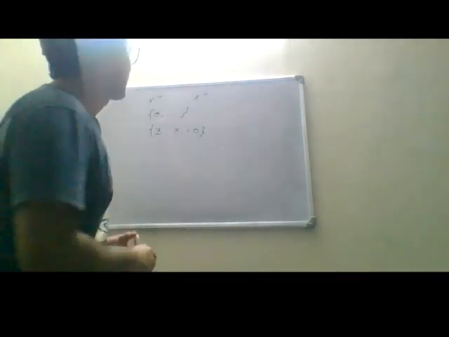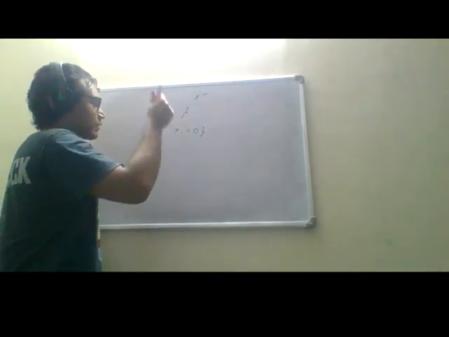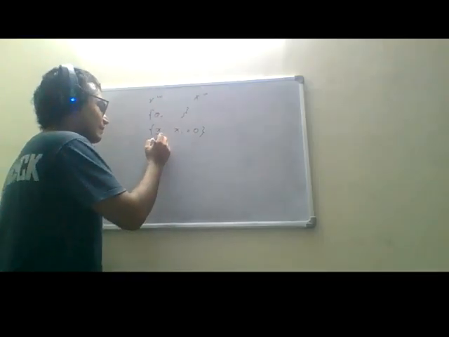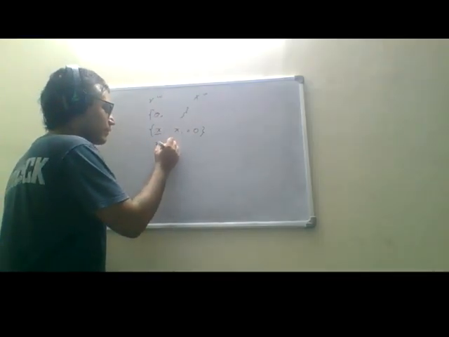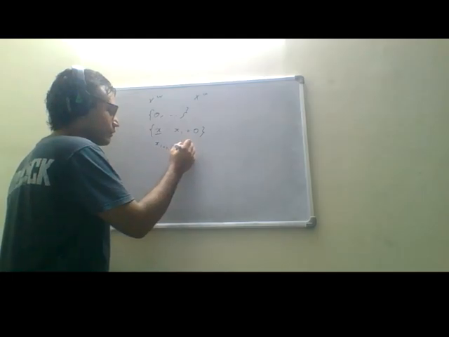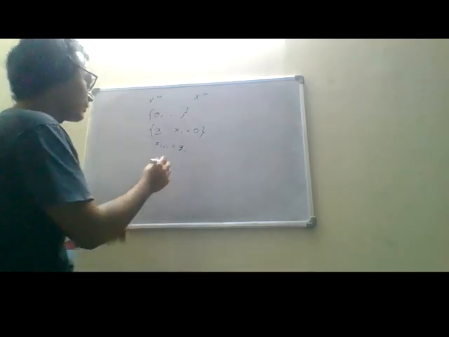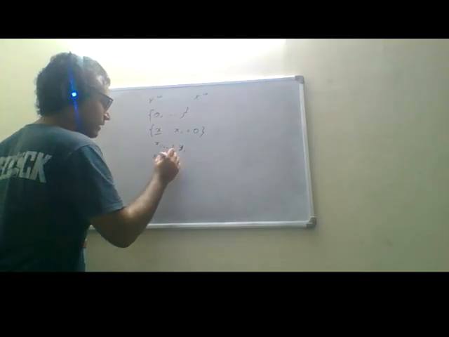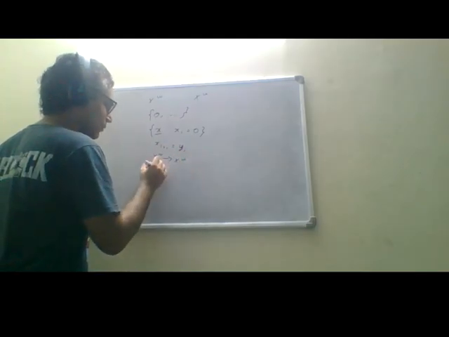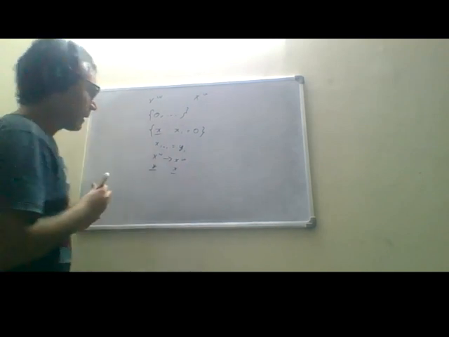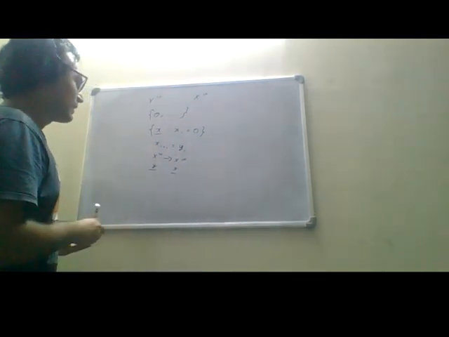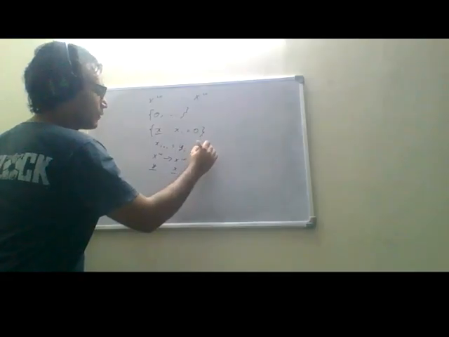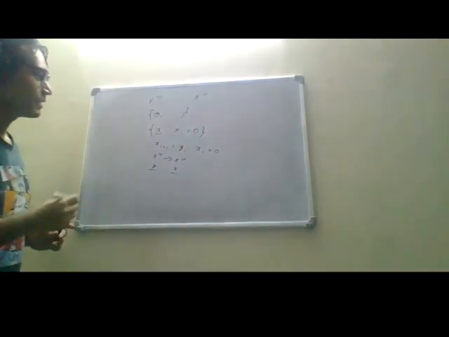And the bijection is simply x of i plus 1 is equal to y of i. So this is a bijection from x to the omega to the subset of x to the omega where x of 1 is equal to 0.